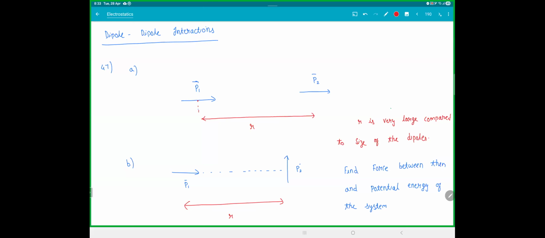How does one dipole interact with another dipole? How do we approach this?